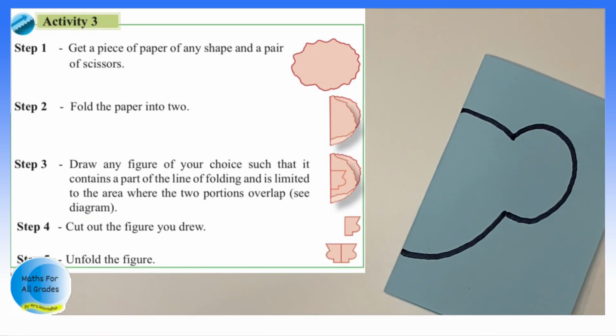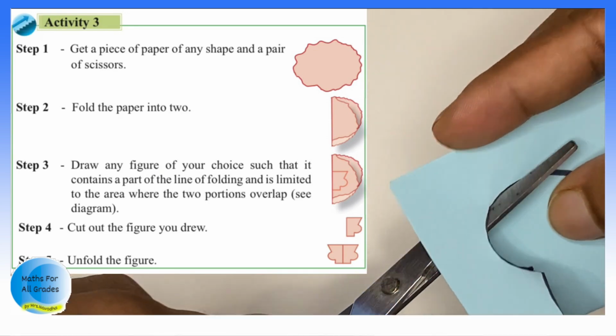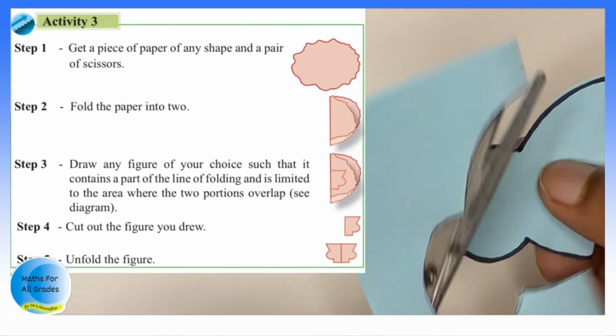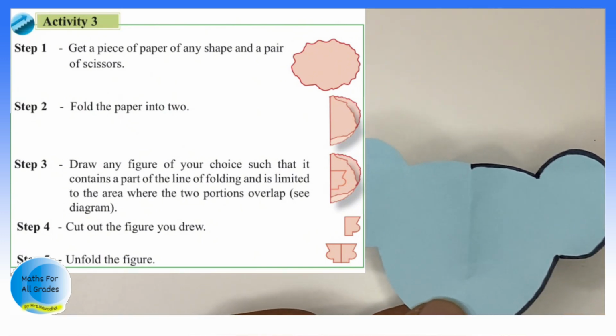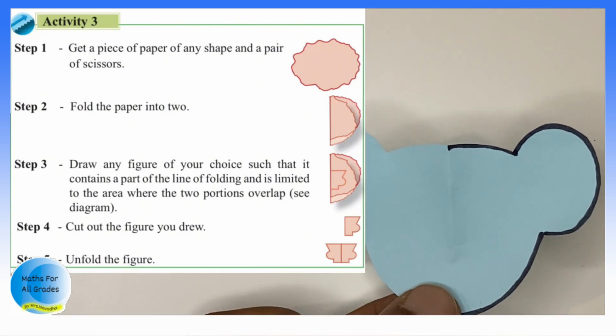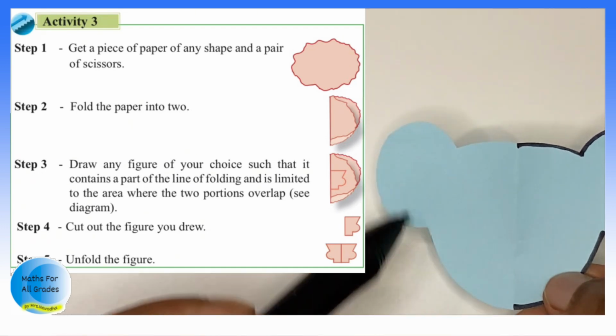Now let's cut out and see what we got here. Let's unfold it. I got a shape of a teddy bear's face, and this folding line is the axis of symmetry of this figure.